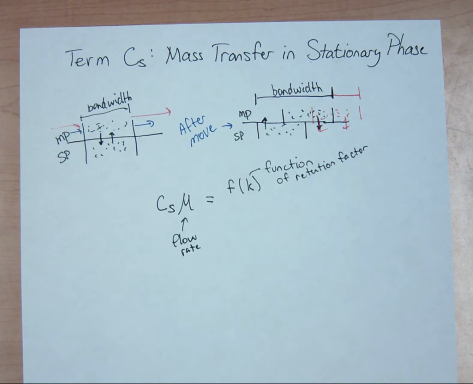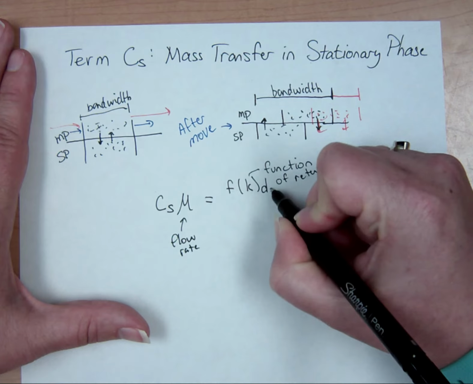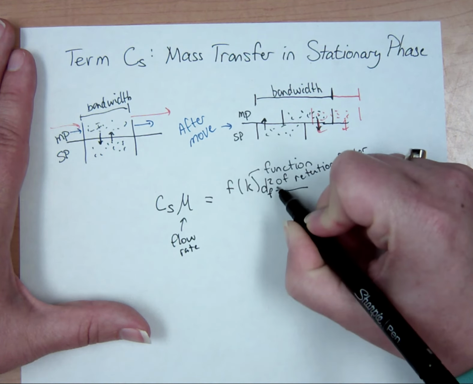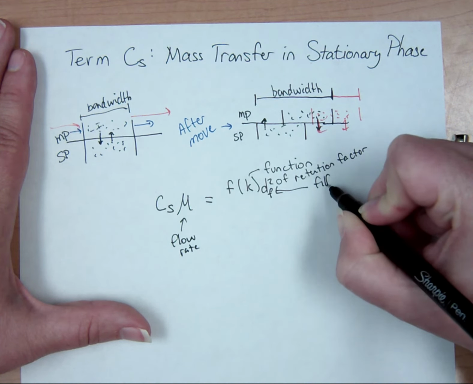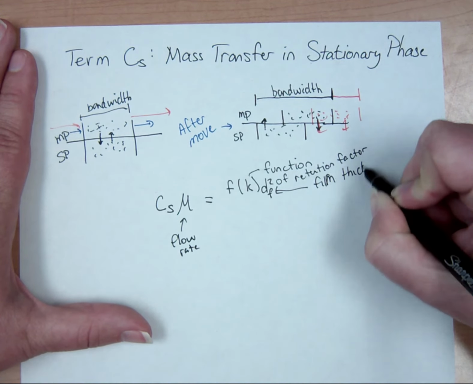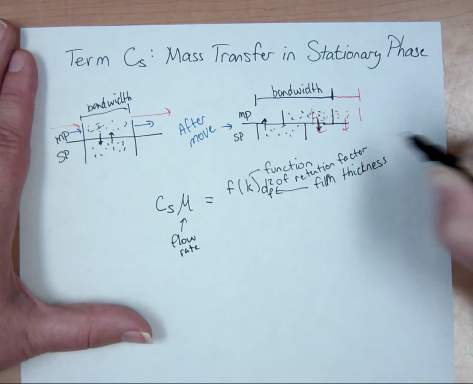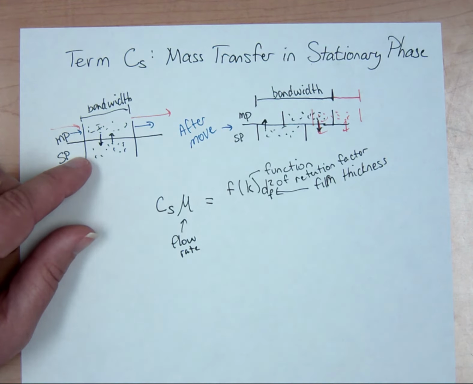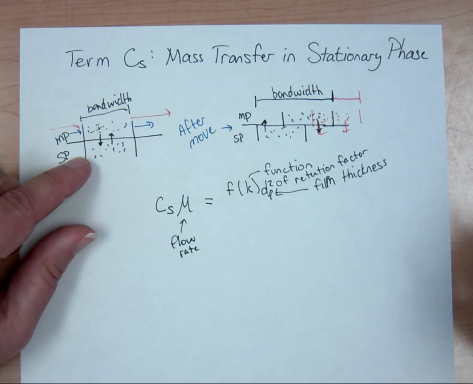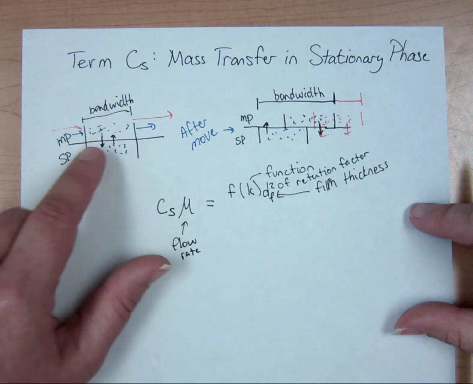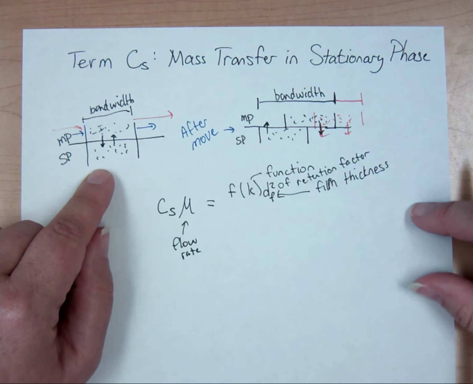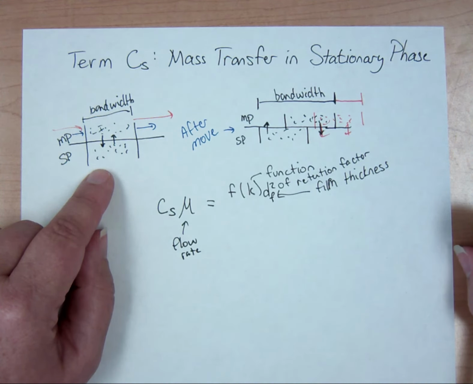So they're different factors. The other thing that can play a role here is what we call the film thickness, d_f squared here. This is the thickness of the stationary phase. So if we have a really thick stationary phase, as analytes diffuse into the stationary phase, they get lost. They get stuck in there.